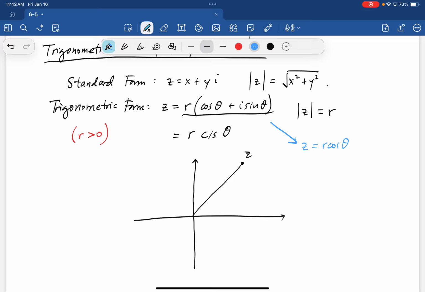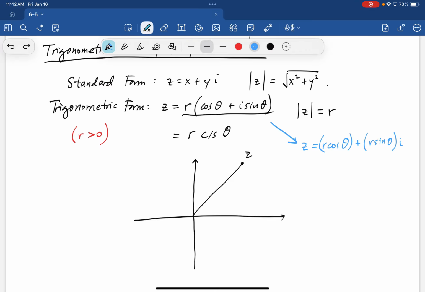That would be the real part. And then the imaginary part would be r sine theta times i. So that would be converting trigonometric form to standard form.